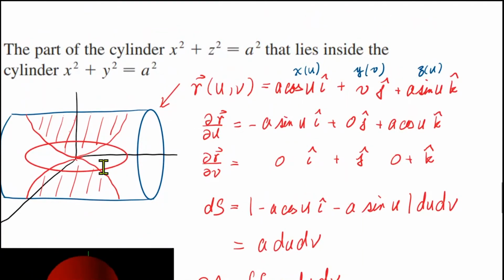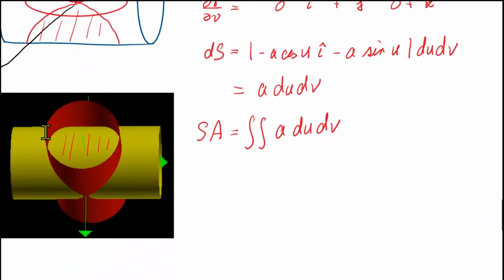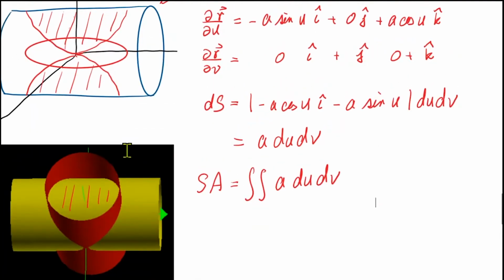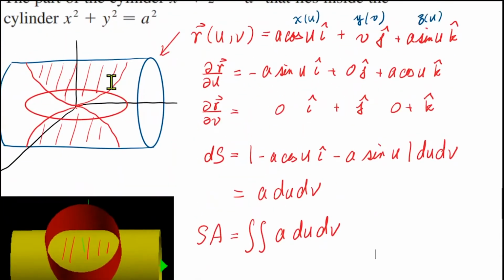U varies, the way we set it up, I'm not sure if that can be figured out easily. This is looking from the top. So U varies that way, and then V. U has to vary from 0 to 2 pi the way this thing is set up, correct?